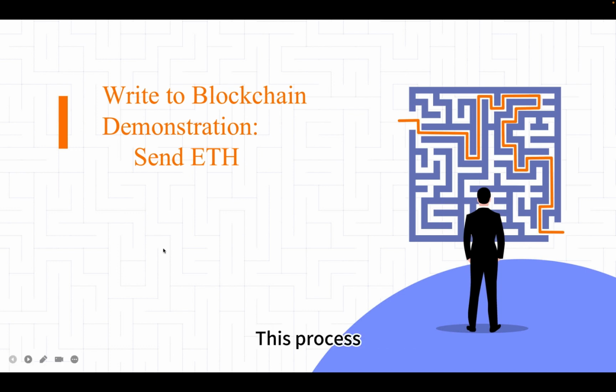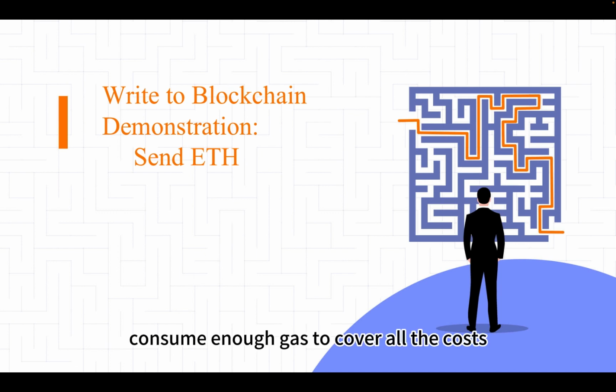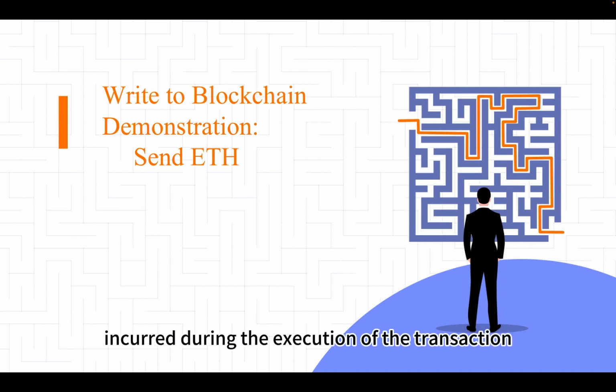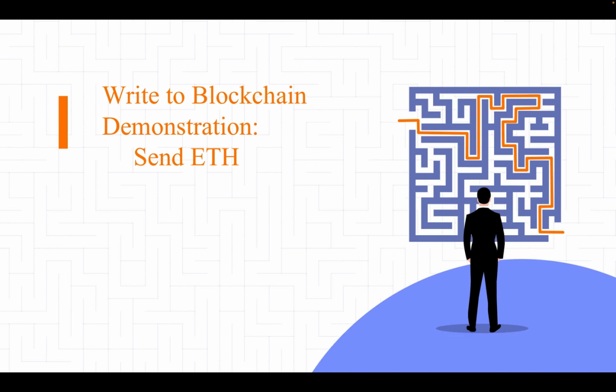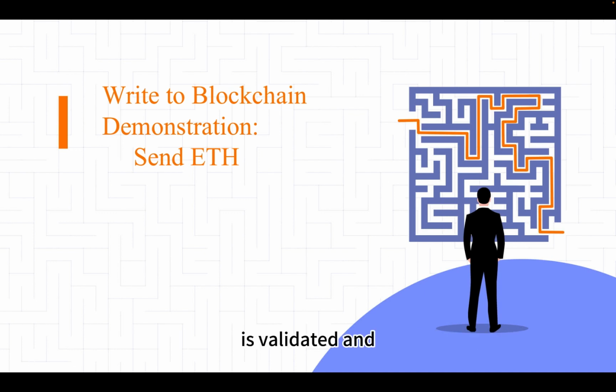This process modifies the state of the blockchain, so it needs to consume enough gas to cover all the costs incurred during the execution of the transaction. Computation costs, storage costs, etc. A fee is also paid to the miner so that the transaction is validated and included in the next block.